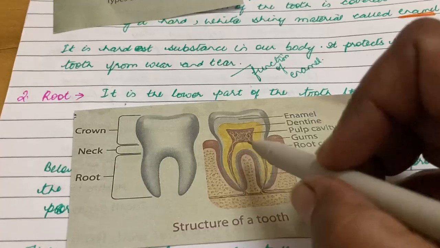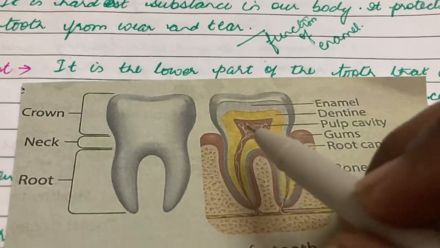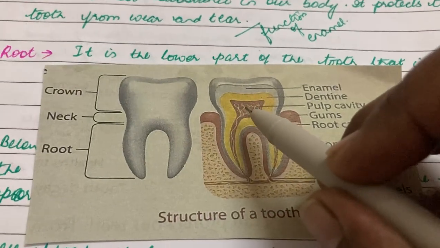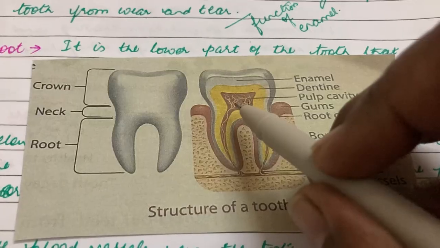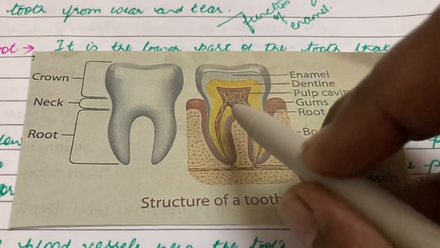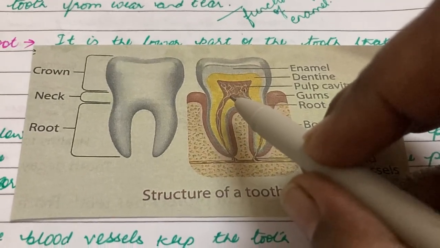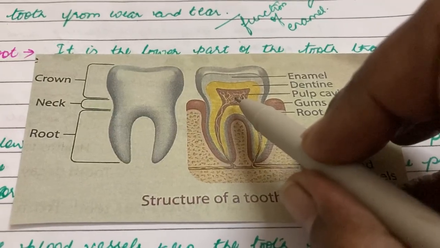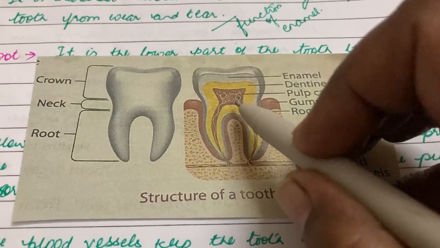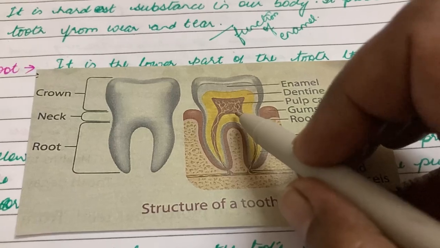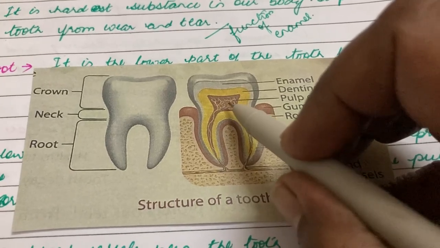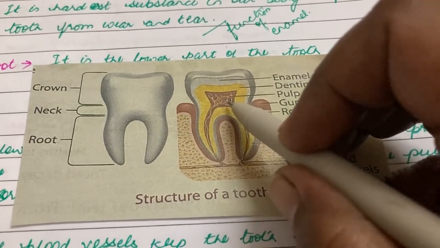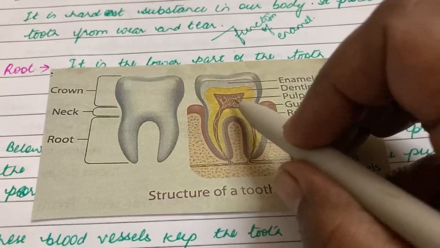And in this pulp, my dear students, there are a number of nerves and blood vessels, and these blood vessels keep the tooth alive. So if you're asked what the blood vessels do, your answer will be: blood vessels keep the tooth alive.